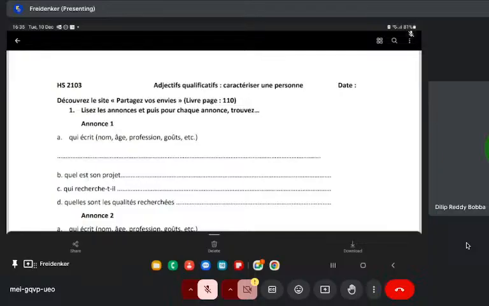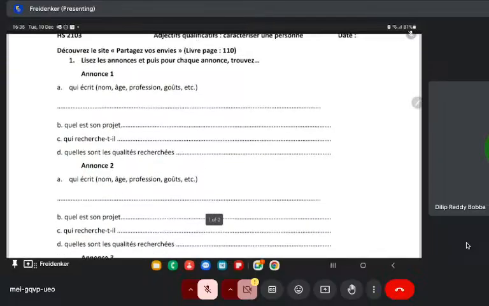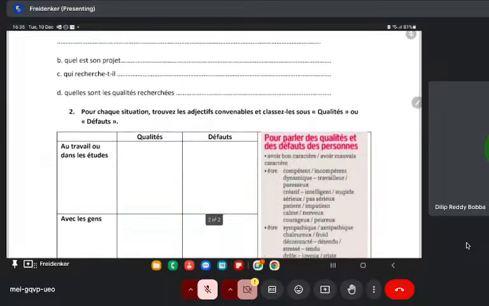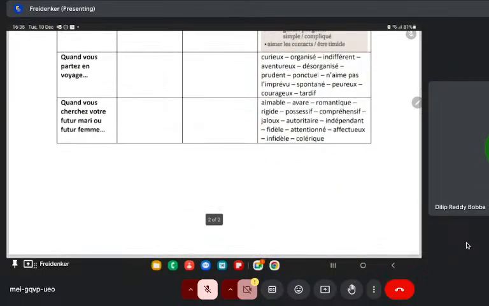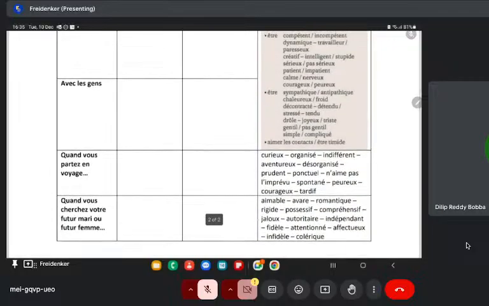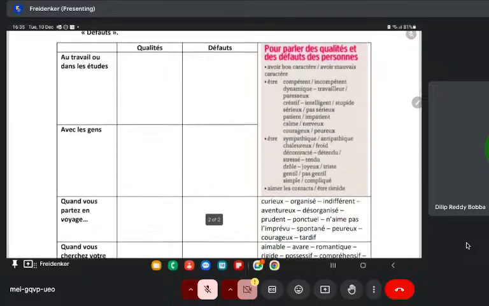There is a physical copy, so I'll upload the answers here. So based on the paragraphs that I just showed you, we had to answer all these questions. So I'll just share them with you. So you have some vocabulary here as well. Let me just go through that.